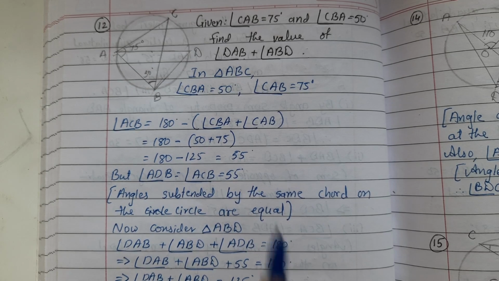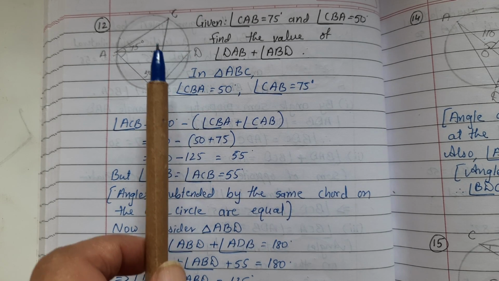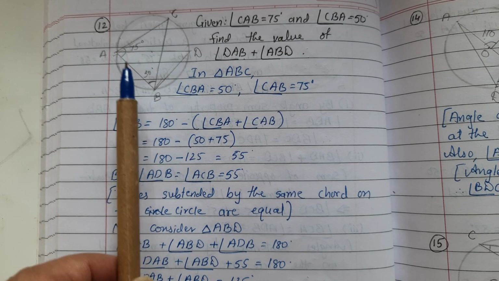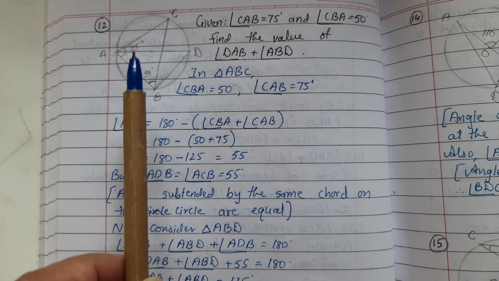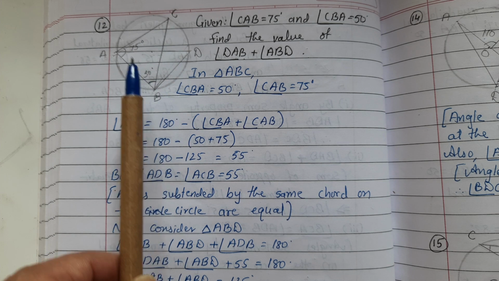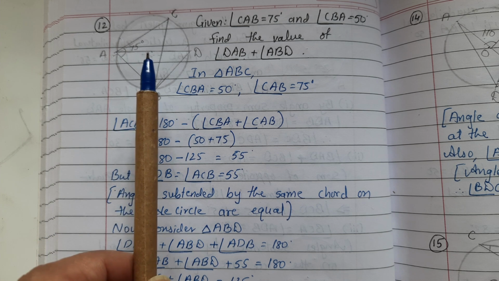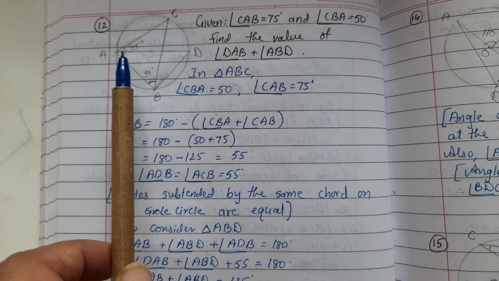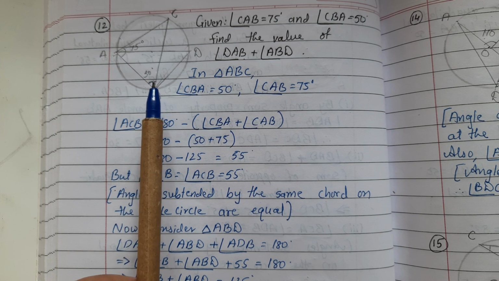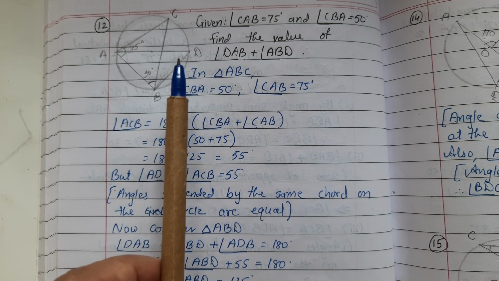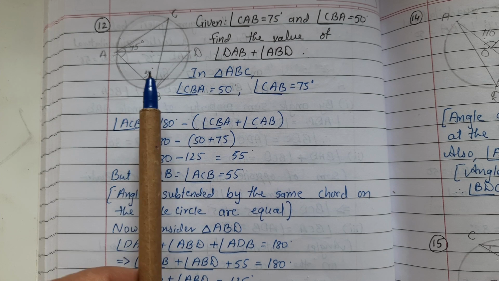Sum number 12. Given angle CAB 75 degree, CBA 50 degree, find the value of DAB plus ABD.